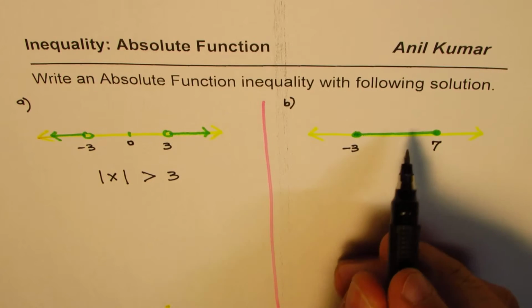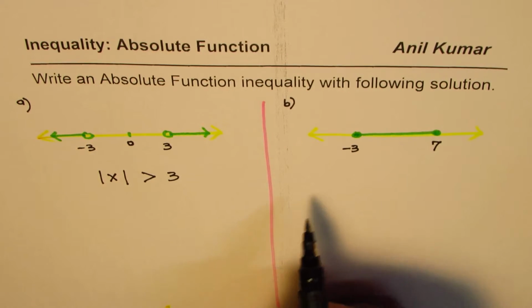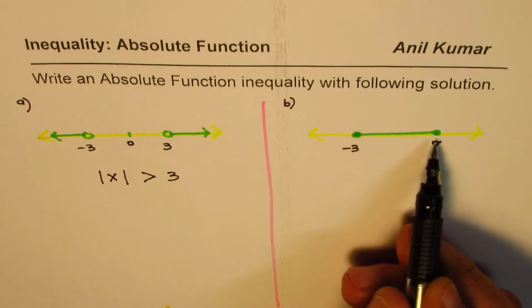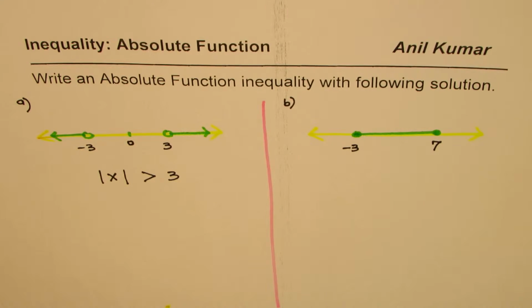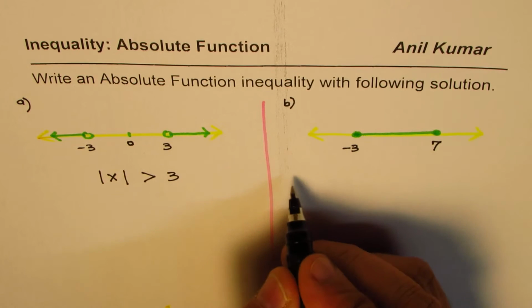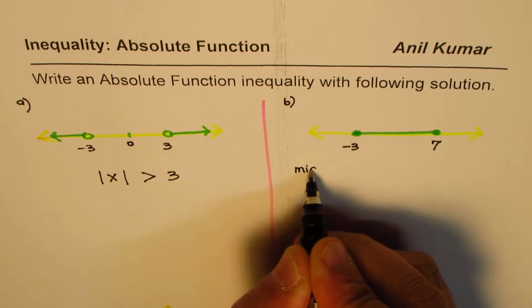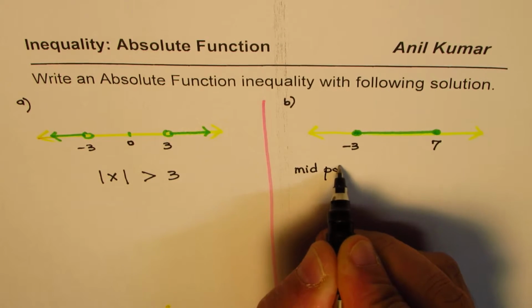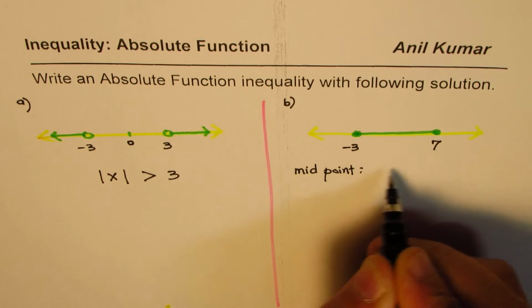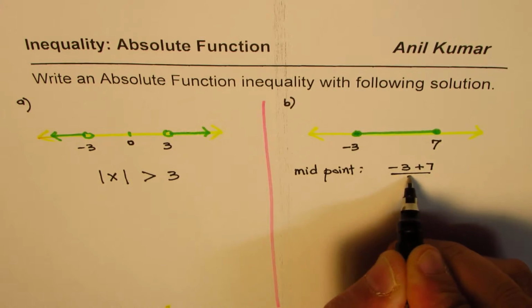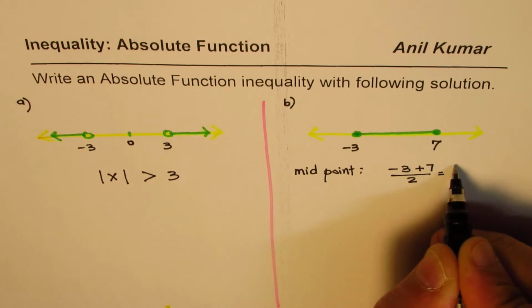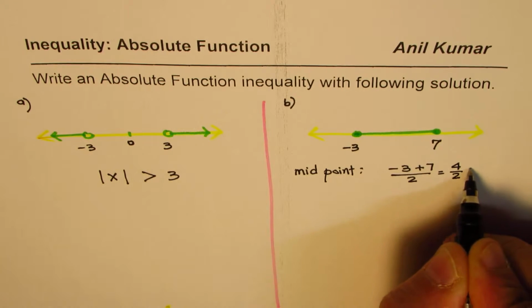Now let us see how to answer such a question. To write this as an absolute function, what we should do is find the midpoint first. So let's find the midpoint. The midpoint of minus 3 and 7 is minus 3 plus 7 divided by 2, which is 4 divided by 2, or 2.